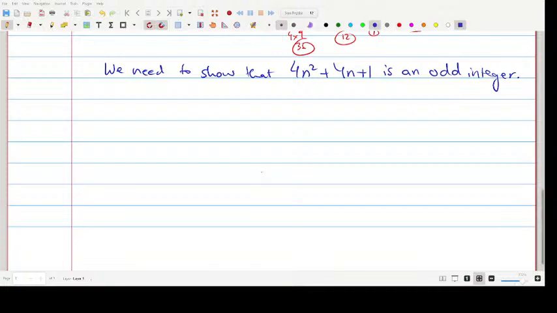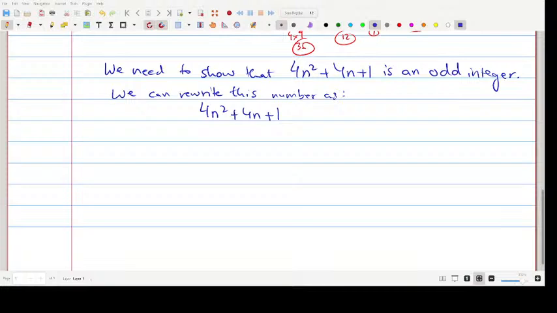So we can rewrite this number as follows. So 4n squared plus 4n plus 1. See, the plus 1, so the half job is done, right? Plus 1 is the half job. Now we need to write 2 times something plus 1. So the plus 1 job is done.